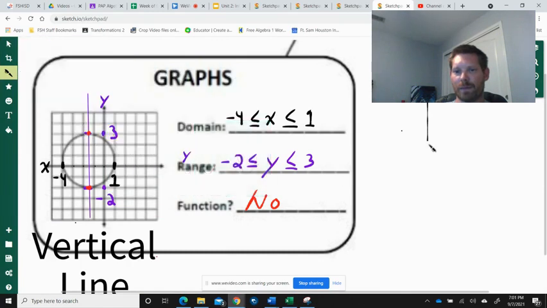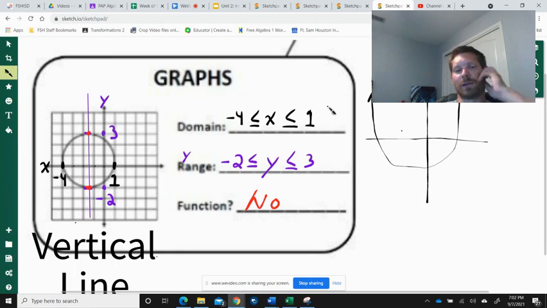I'm just going to make up a random graph here. I'm going to draw a quadratic function, so a U like that. That's something we'll cover in this class. It'll be a while till we do.